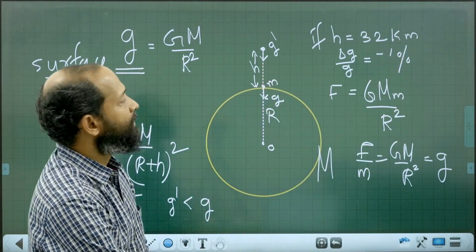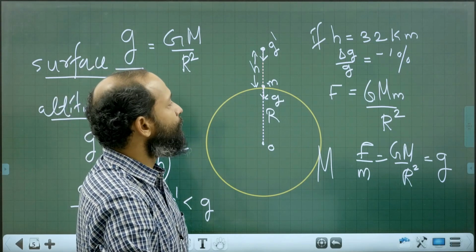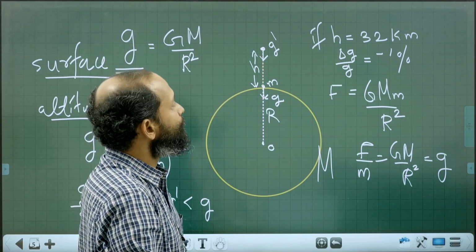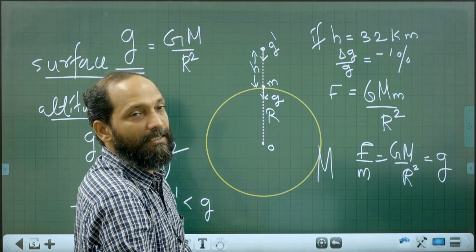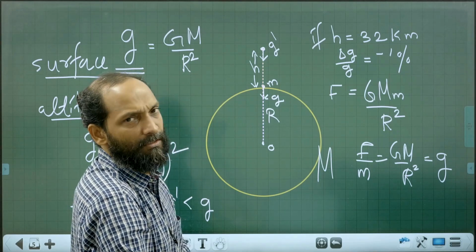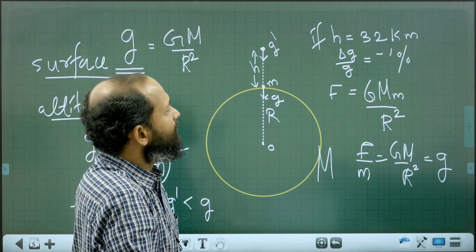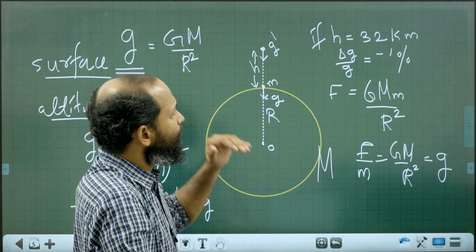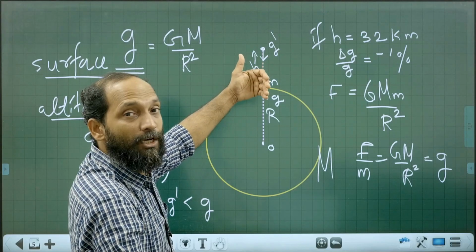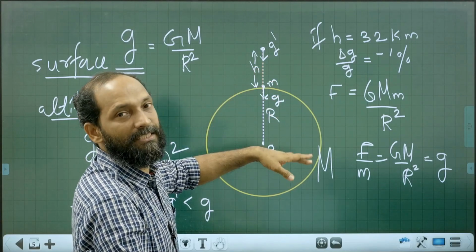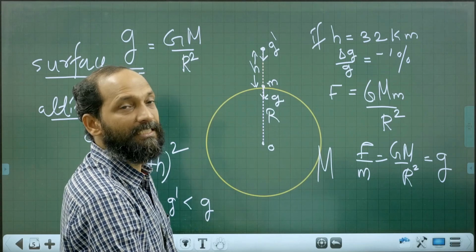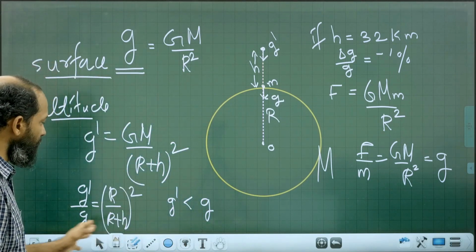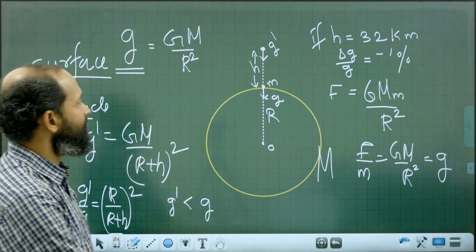That means at a height of 32 kilometer, the value of g decreased by 1% of its original value at the surface. Let the value of g at surface be 100. Then the value at height 32 kilometer would be 99. That means it has reduced by 100 minus 99, 1. Anyway, this all can be found by using this formula. You can substitute and get that previous question.